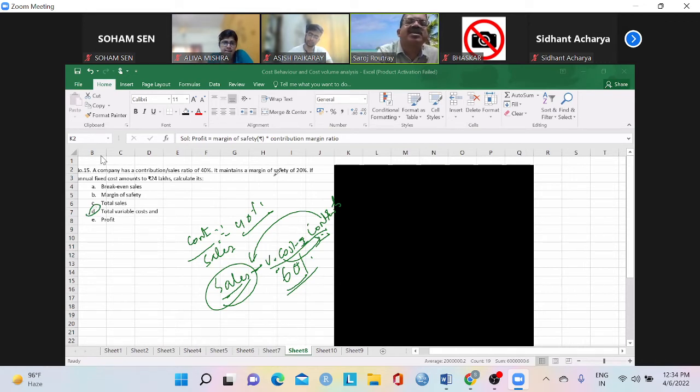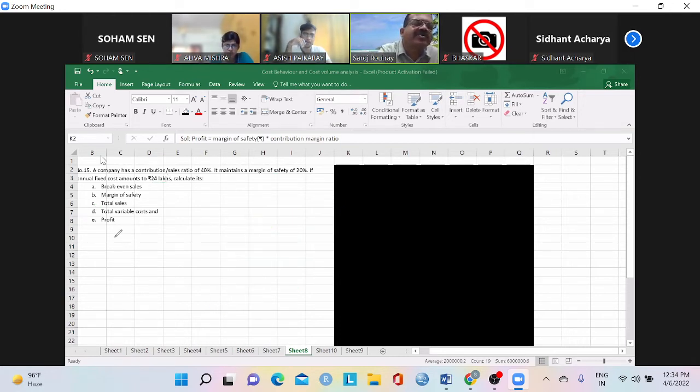It maintains a margin of safety of 20% and a fixed cost amount of rupees 24 lakhs. Okay, margin of safety. What is margin of safety? That I discussed in the beginning. Margin of safety is equal to your actual sales minus BEP sales.